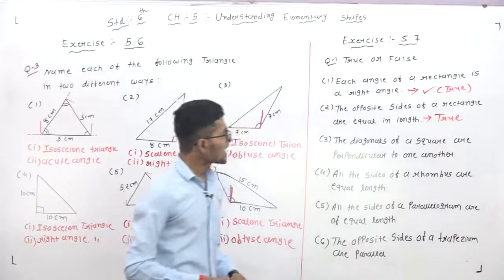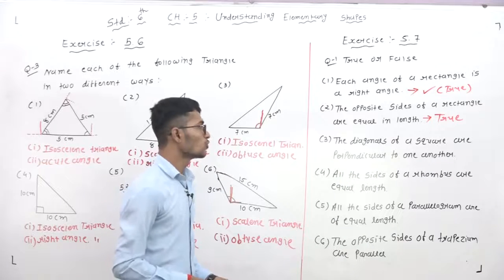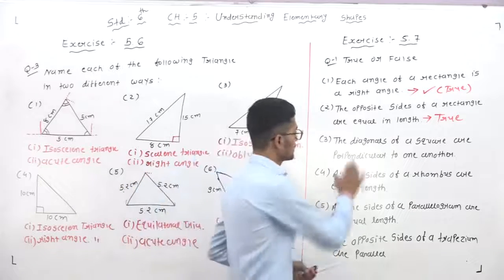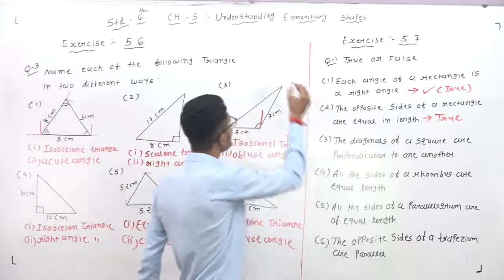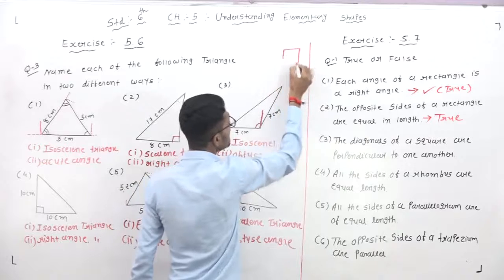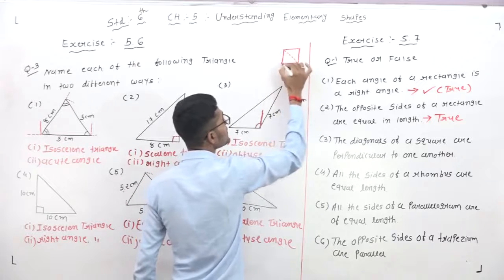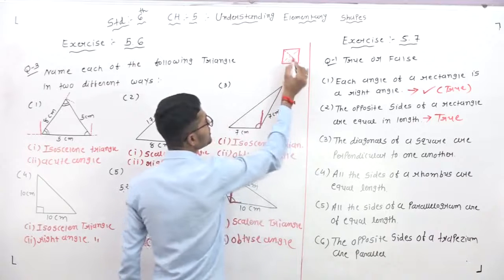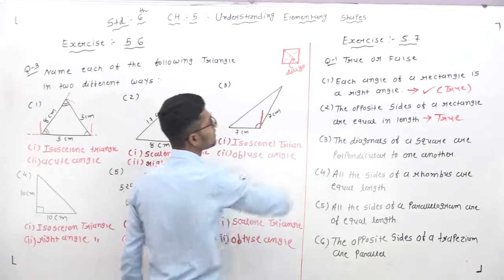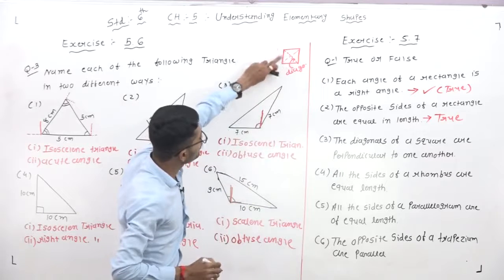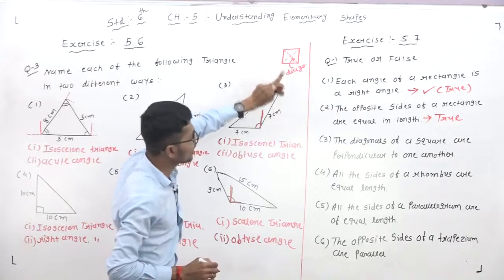Then, the diagonals of a square are perpendicular to one another. First of all, what do you mean by diagonal? Suppose I draw my square here. Joining opposite corners with a line, this line is called a diagonal. In any quadrilateral, how many diagonals are there?